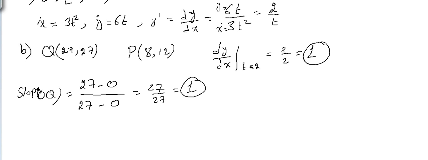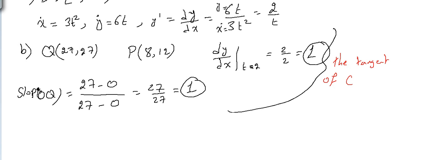Thus, the tangent to curve C at point P is parallel to the straight line OQ. This is the last number, and see you in other videos.